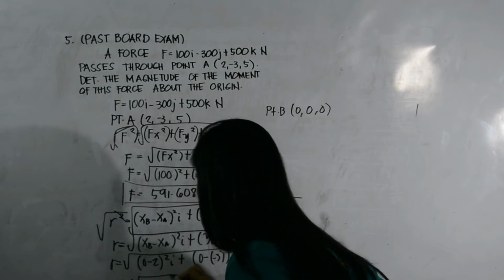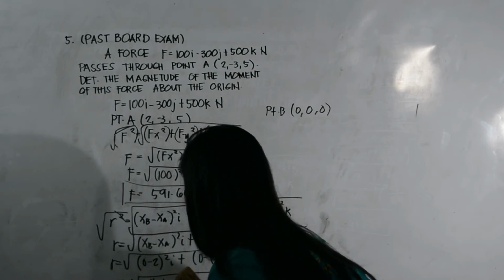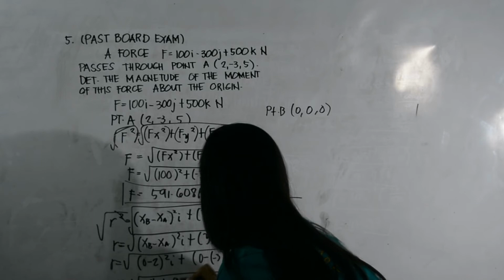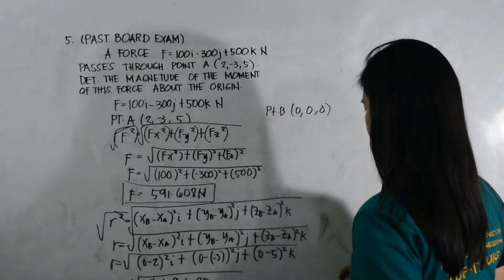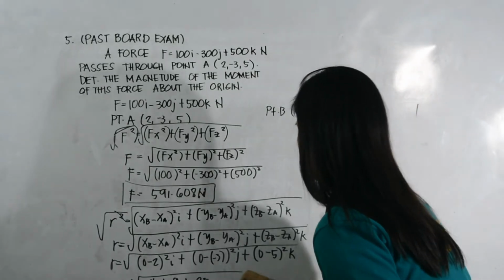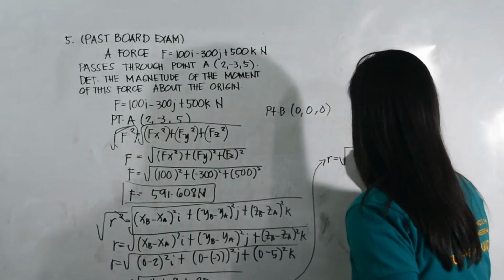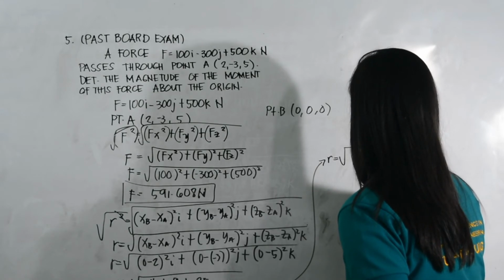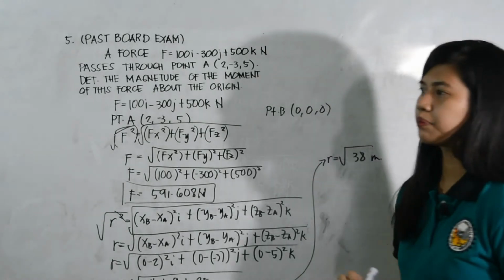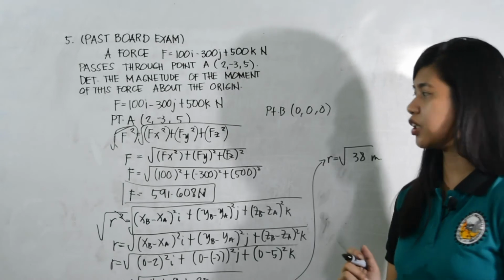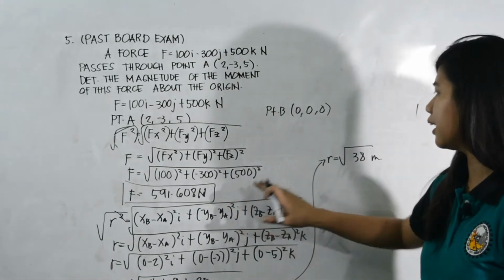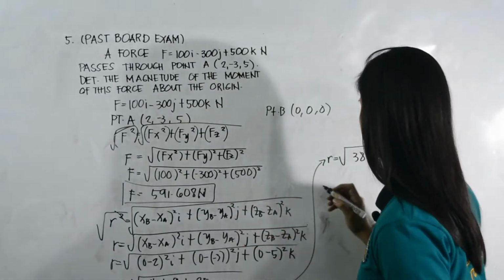We have 4 plus 9 plus 25, and that will give us r equals the square root of 38 meters. Now for getting the moment, just simply multiply the force and the radius.